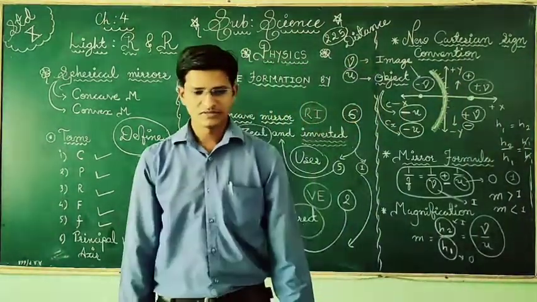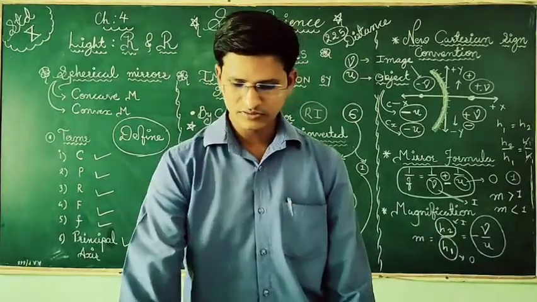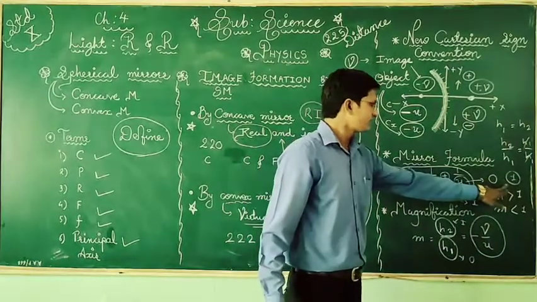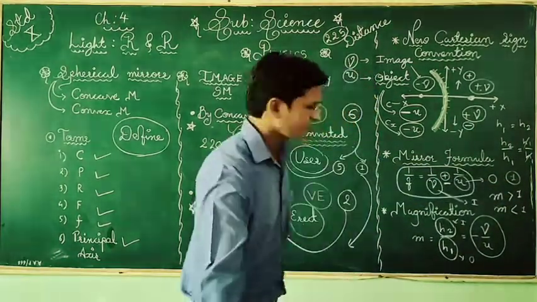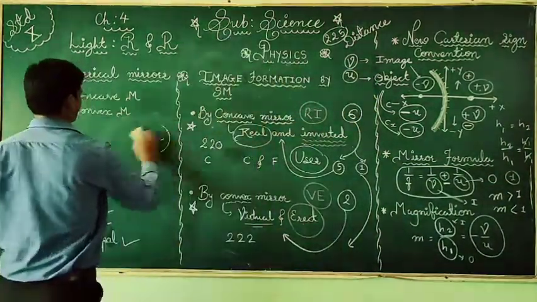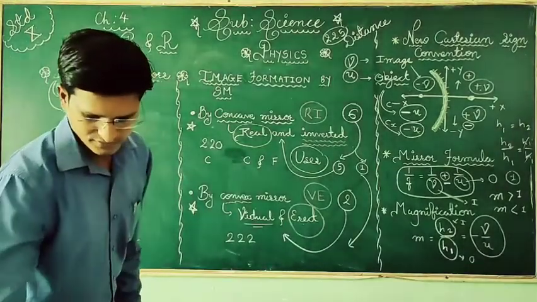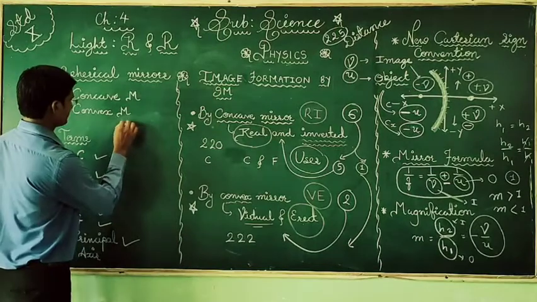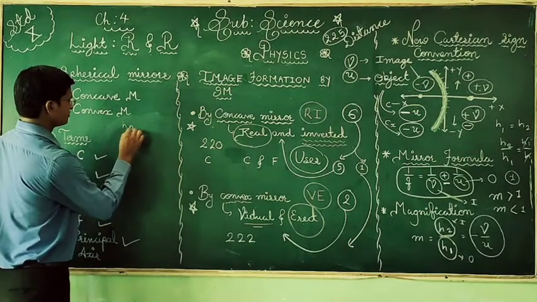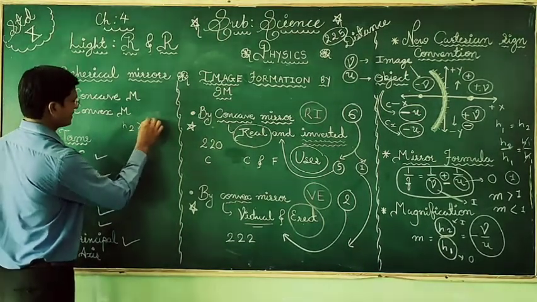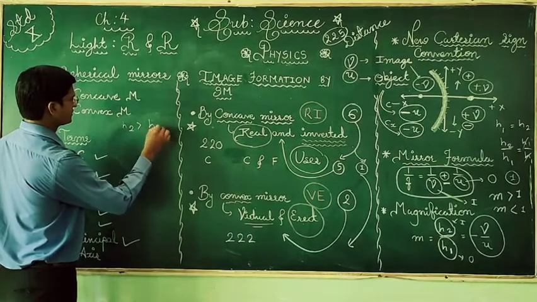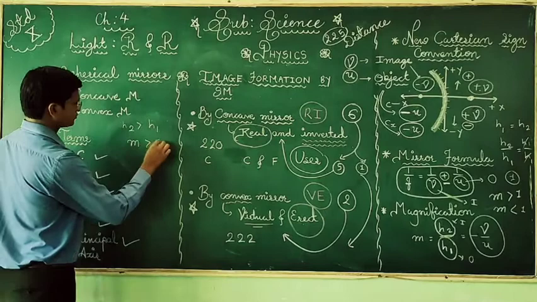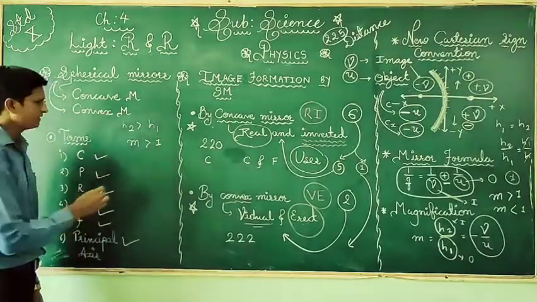So these are some important things about the magnification. Again and again I am telling you, just try to understand. If the height of the image is greater than the height of the object, then m is greater than 1.